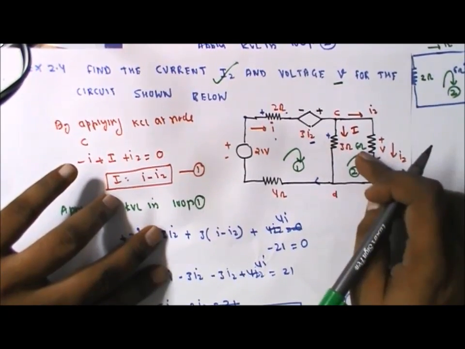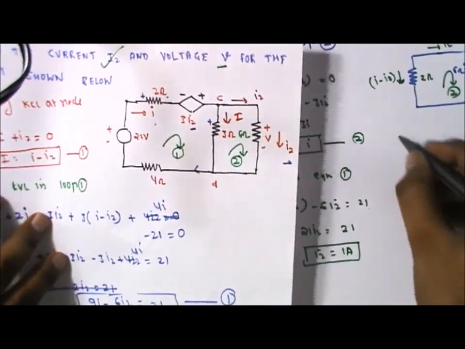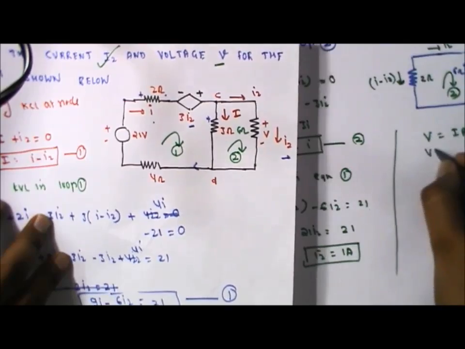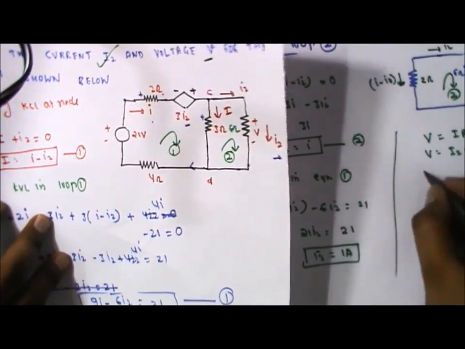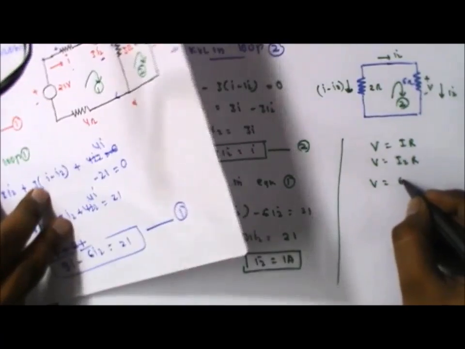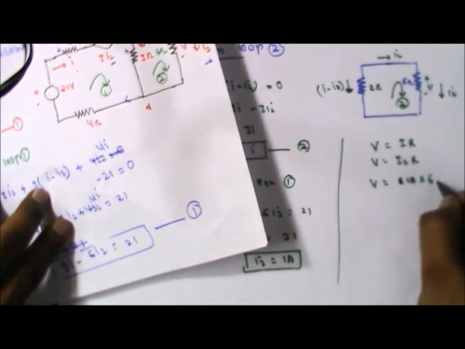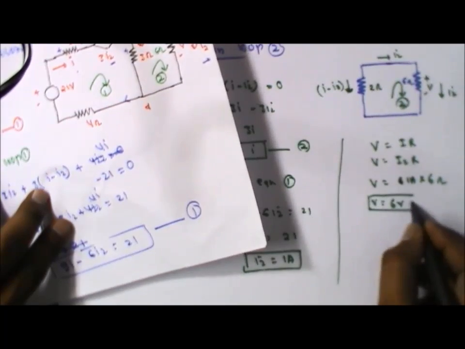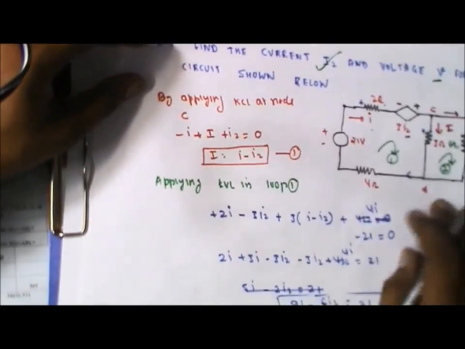I2 is 1 and resistance is 6, so we can say that V should be equals to I into R. Here V equals to I2 into R. V equals to I2 is basically we have calculated 1 ampere into 6 ohm should be 6 volt. So basically this is the solution of this problem.